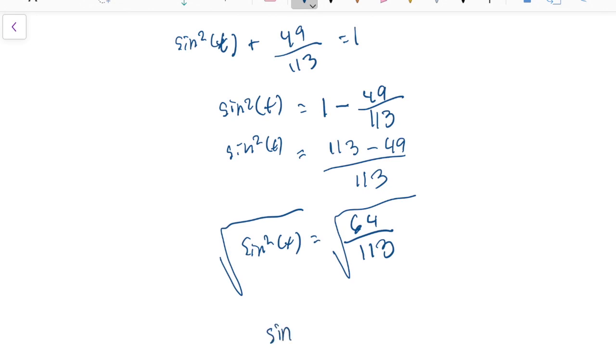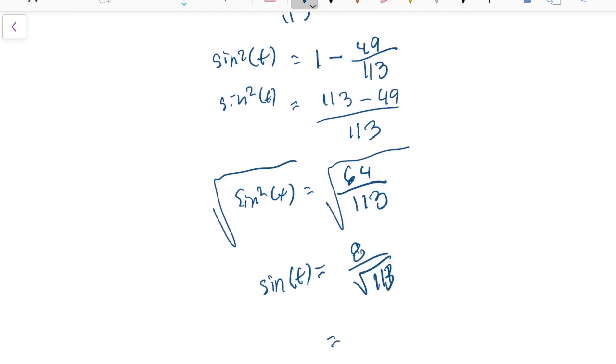And that we got sine of t is equal to 8 over square root of 113, or 8 square root of 113 all over 113.